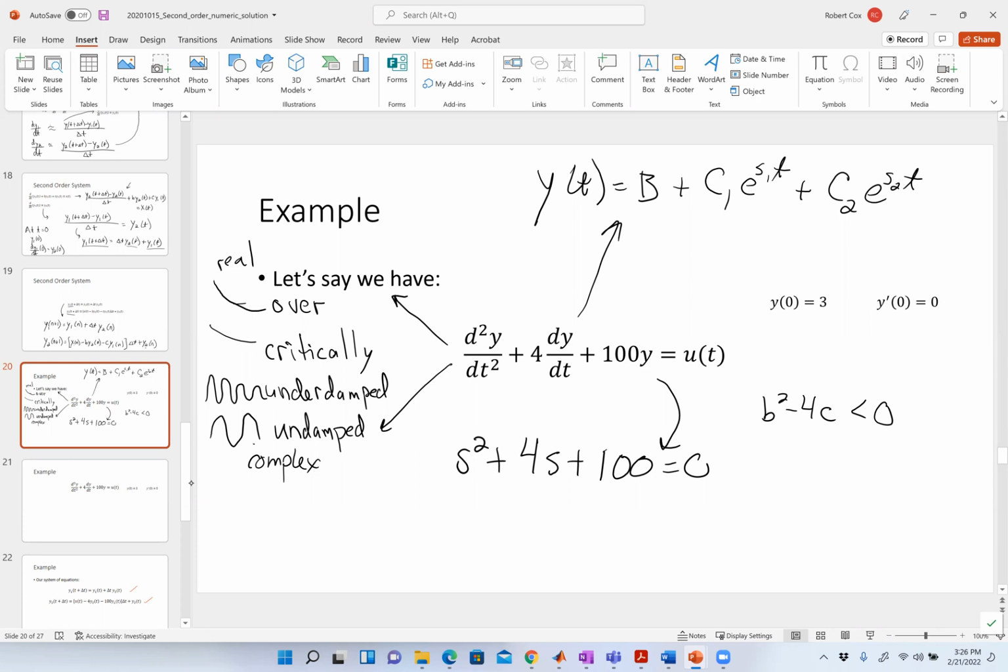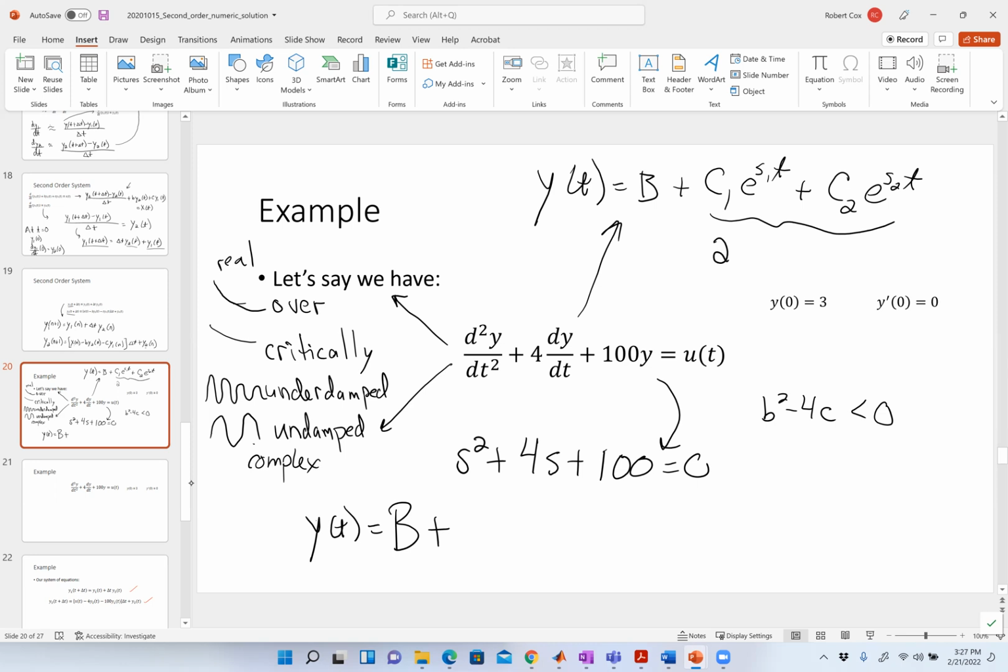If I had to look at the transient response, if I looked at my y of t, my total solution, I said a constant plus C1 e to the S1t plus C2 e to the S2t. What does this become? Those are complex, but how do I write that? Turns into a cosine.